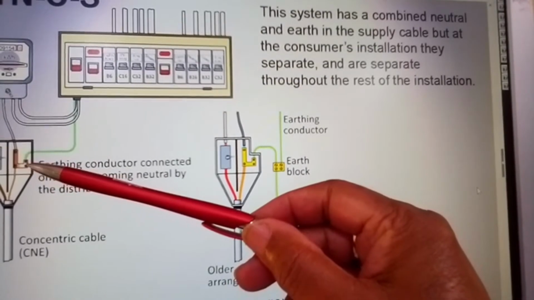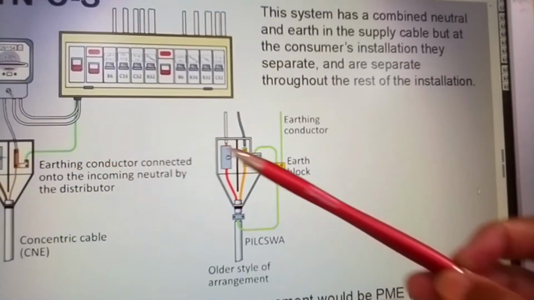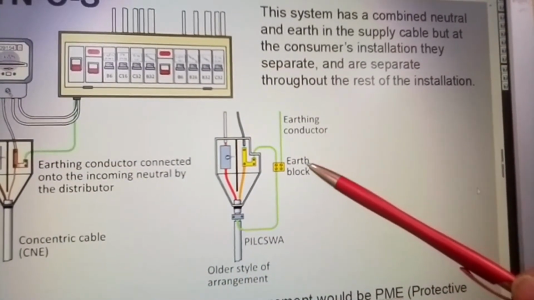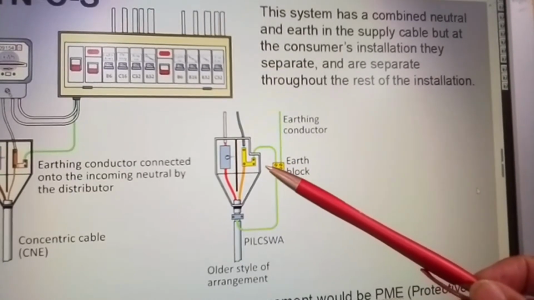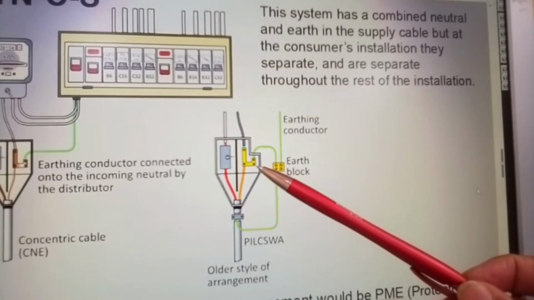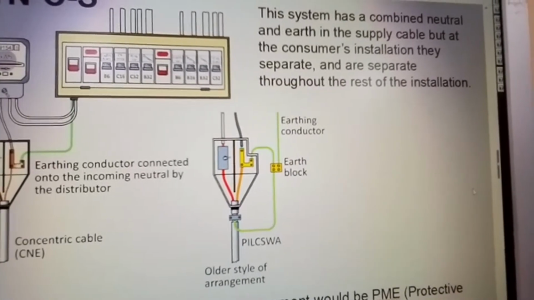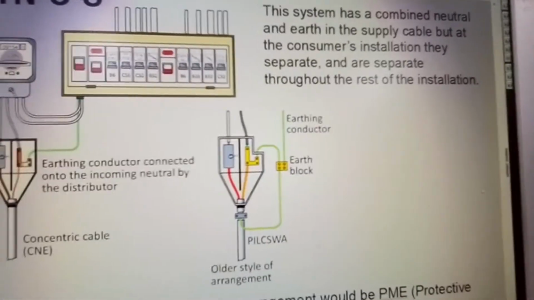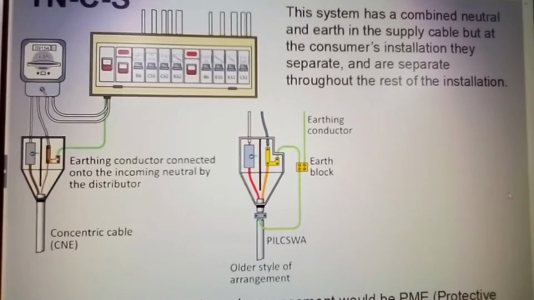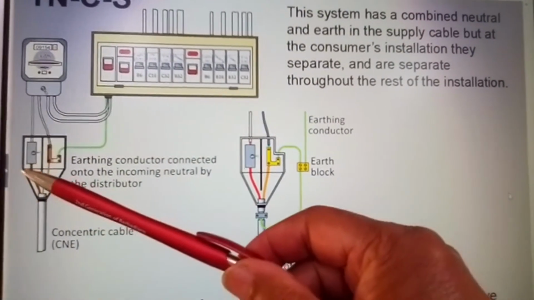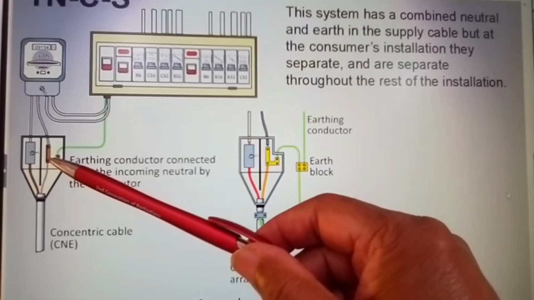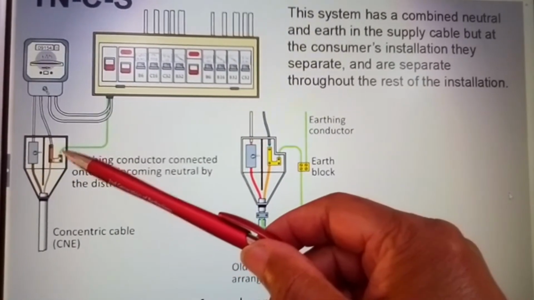Your earth is linked to here, but you'll see that the earthing conductor, earth block, is connected as one. This system has a combined neutral and earth. So here we're saying that your neutral and earth is connected together, so live, neutral, and it's connected as one.